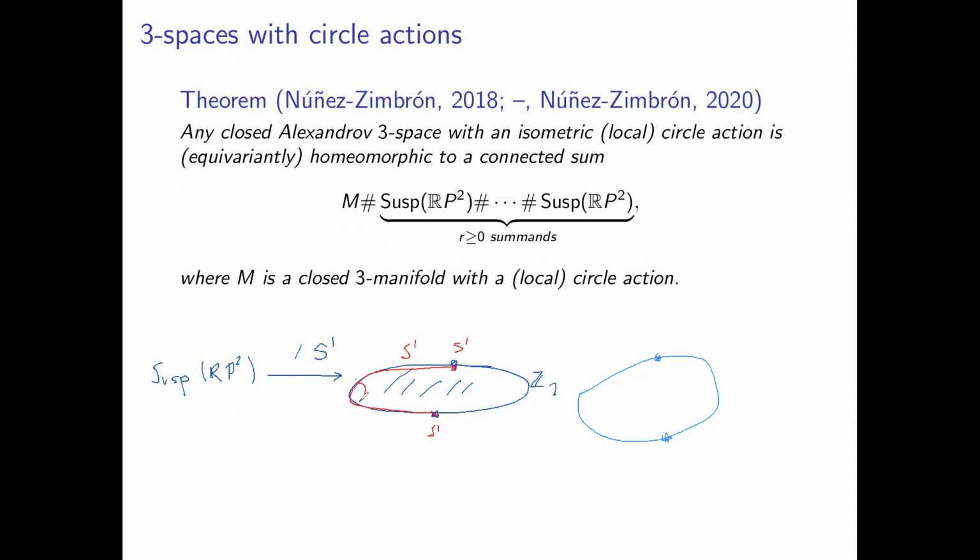You can put together certain orbit spaces, you can always glue them together, and this corresponds to taking these connected sums up here. So that's kind of the idea.